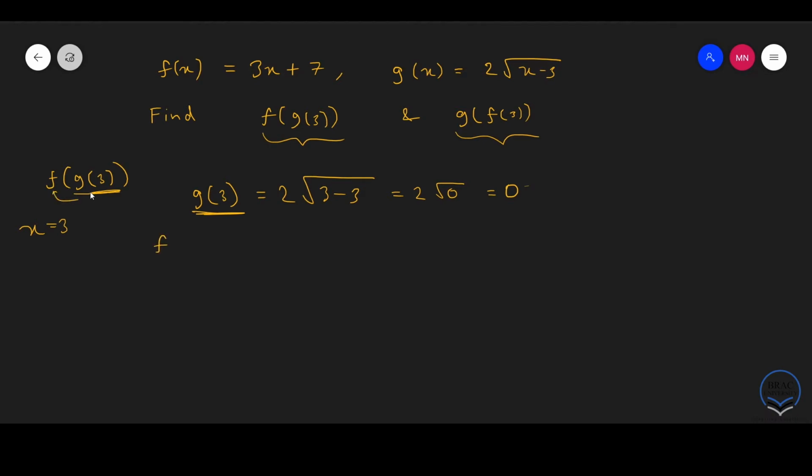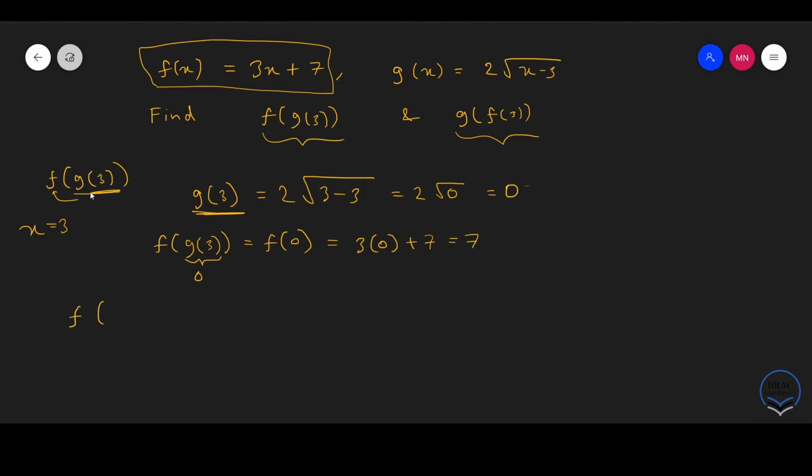So we have f of g of 3, which is equal to f of 0 because g of 3 is equal to 0. And this is 3 times 0 plus 7, right? We just substituted our value of x of 0 into our function f. And this just gives us 7, right? So f of g of 3 is equal to 7.